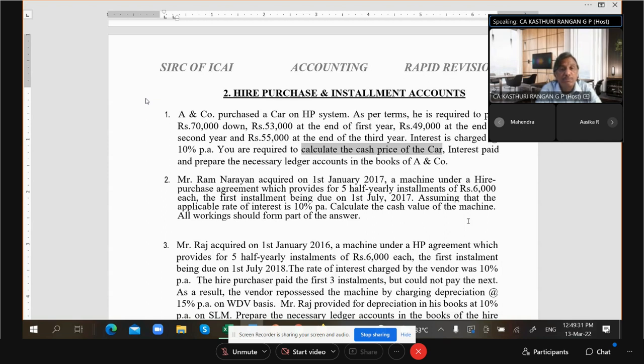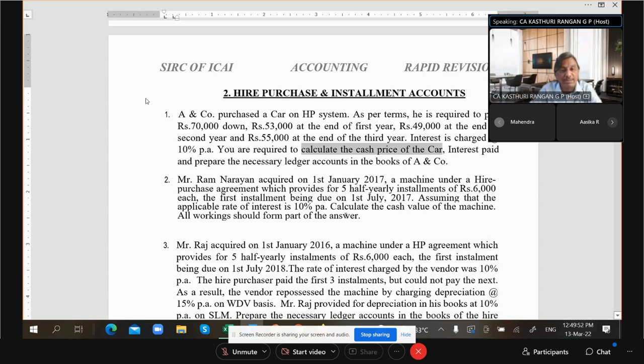So therefore, in every problem on HP, there will be a very important working note relating to determination of cash price. For that working note only, they may give you 4 or 5 marks. And then they may ask you to prepare the ledger accounts.